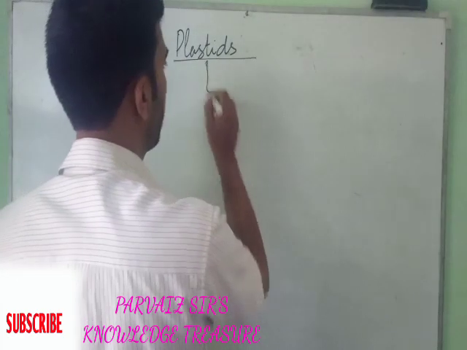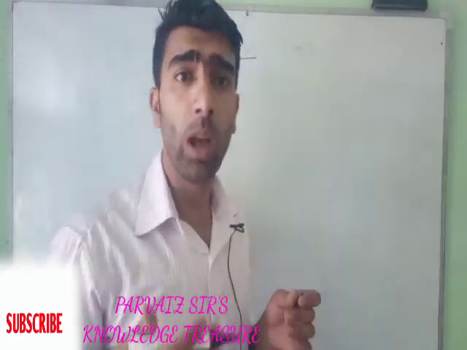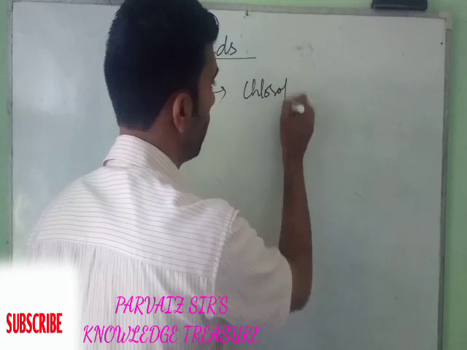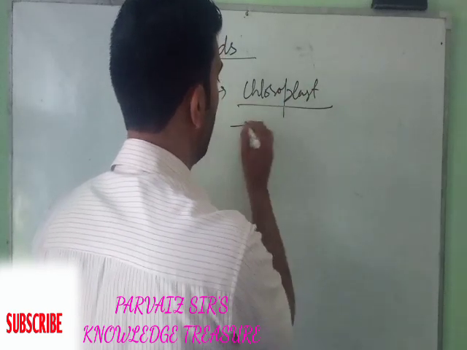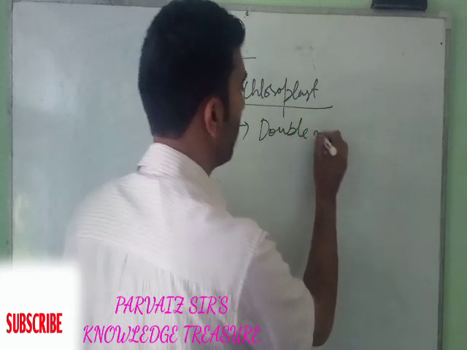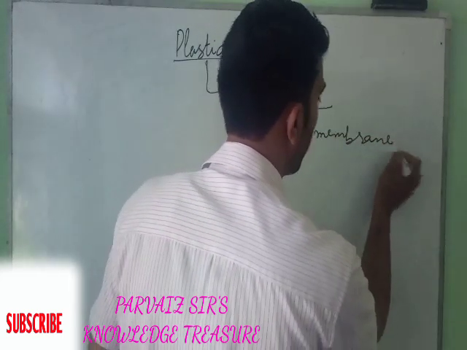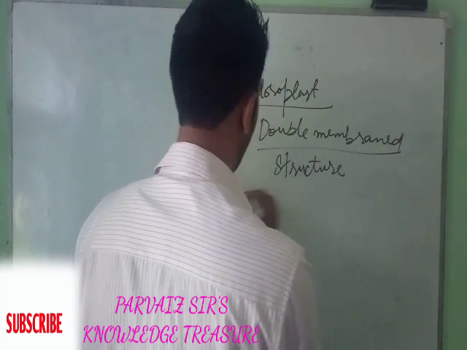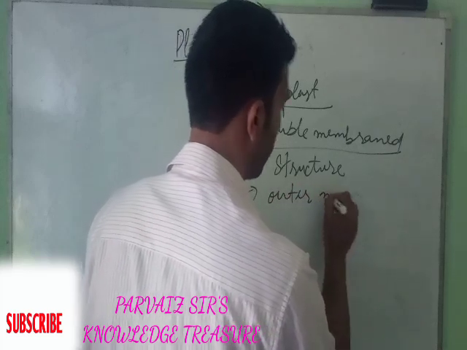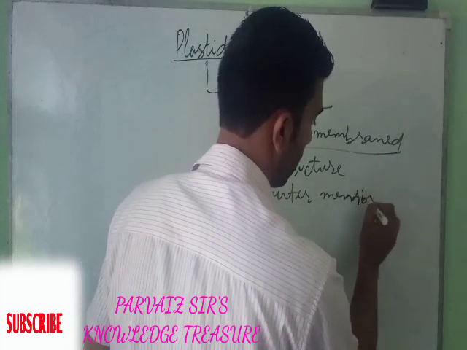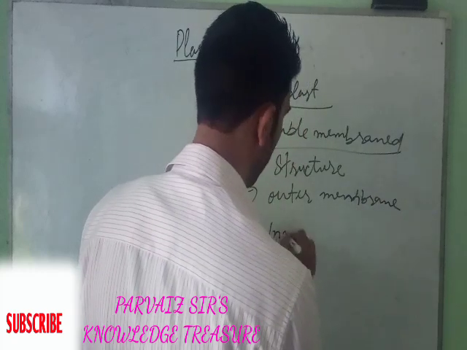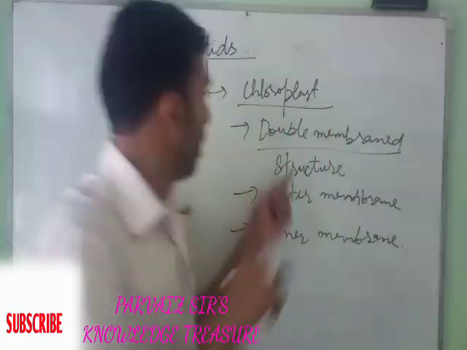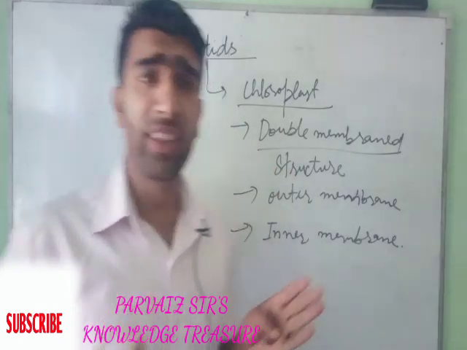Chloroplasts are present in plants and algae, and chloroplast is a double membraned structure, that means it has two membranes.